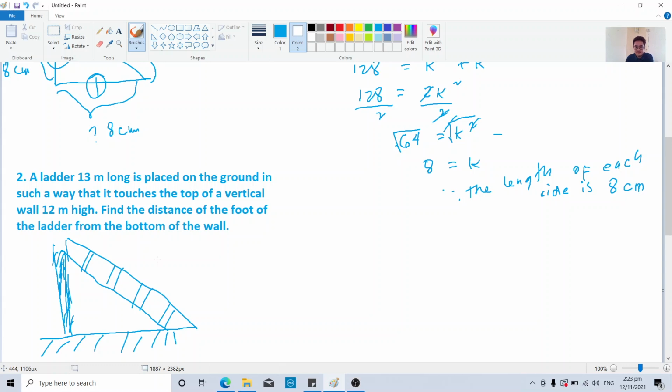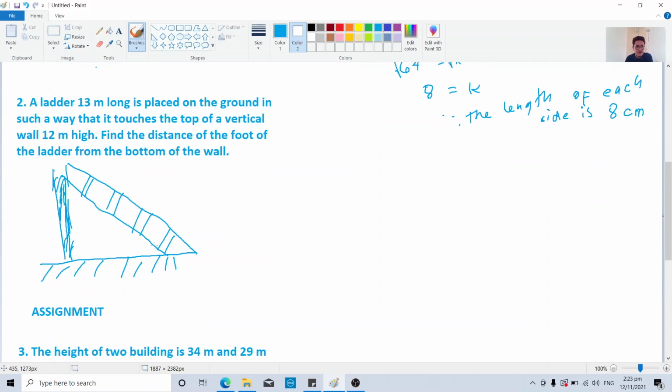Based on the problem, a ladder is 13 meters long. Meron daw tayong 13, yung distance niya from ground to the top of the vertical wall. And the wall ay meron daw 12 meters high.